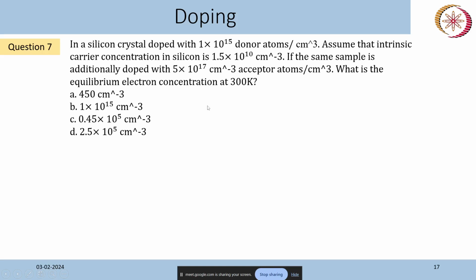If the sample is additionally doped with 5 into 10 to the power 17 per centimeter cube acceptor atoms, what is the equilibrium electron concentration at 300 Kelvin? This is a problem on compensated semiconductor. So you can tell me the answer.